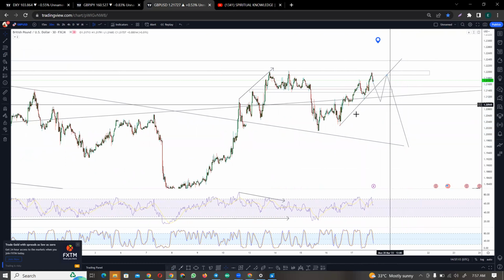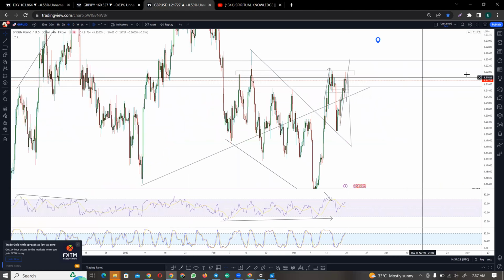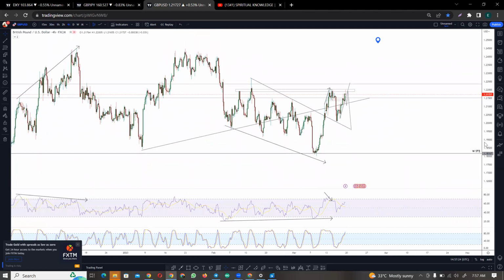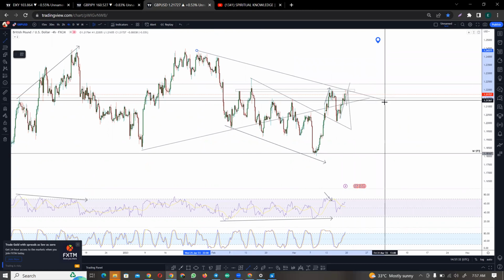So there is another trend line we didn't put on file. You know, we have this trend line, the one that we saw markets respecting before. So we had this trend line.